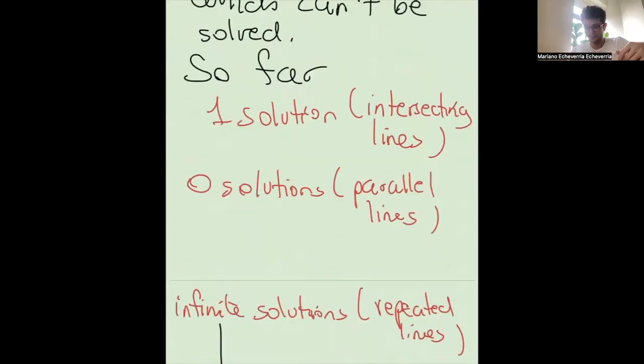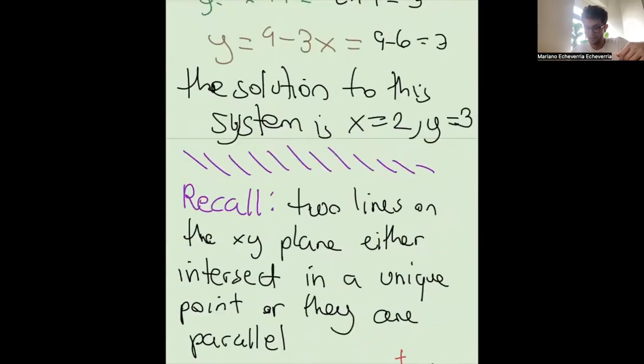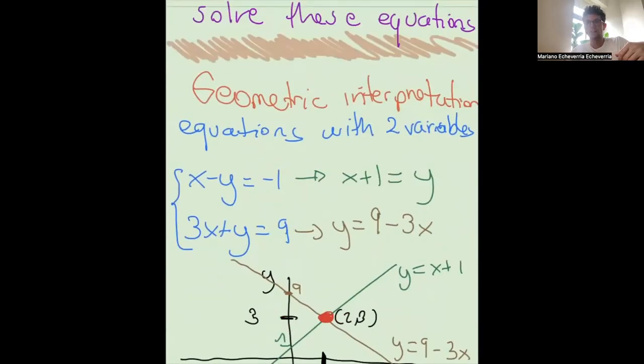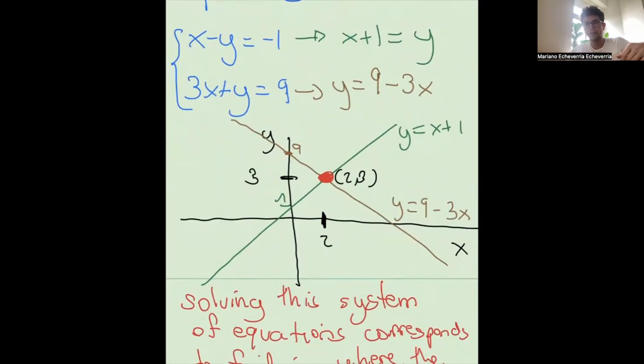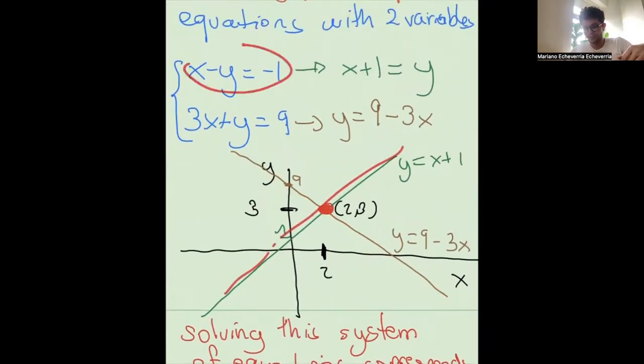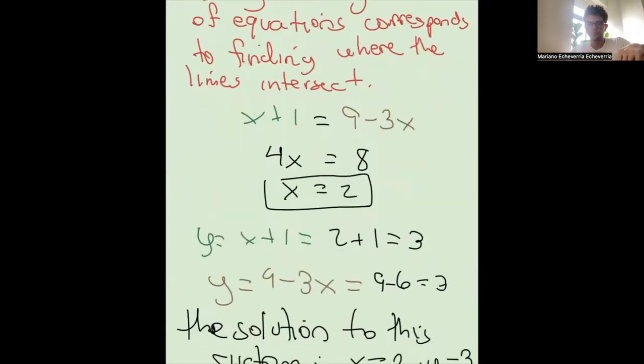So one of the things that I was explaining yesterday is that for systems of linear equations, there are essentially three things that can happen. You have a unique solution, right? Which, if you think of the equations as representing lines, just means that the two lines meet at a single point.